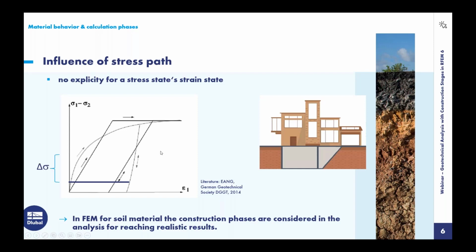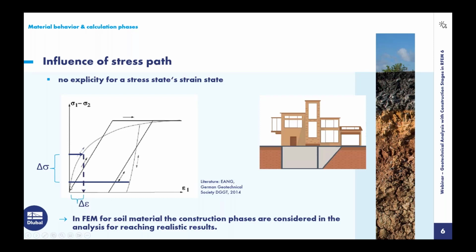If we now think about applying a load to our element, we can see the stress path dependency. If the soil reaches this level of load for the first time, it will deform with the stiffness of the first loading, and we will have this strain.